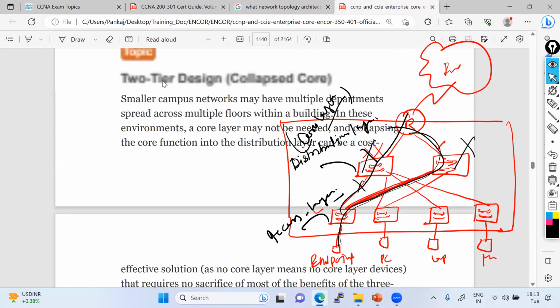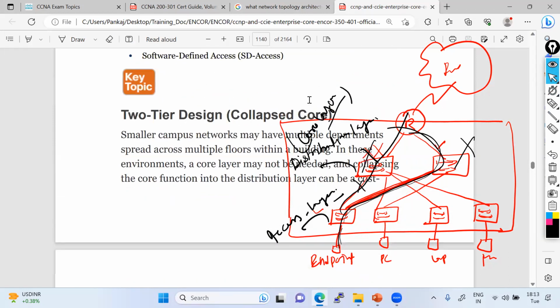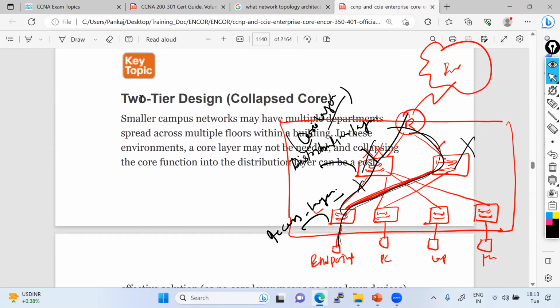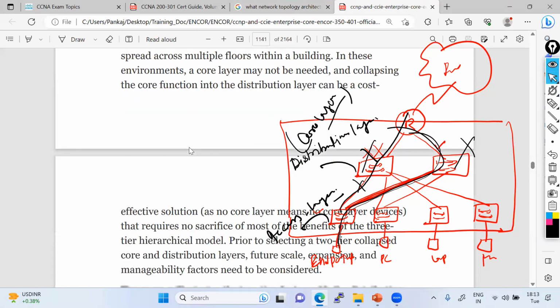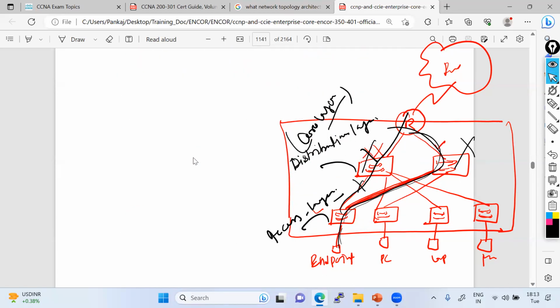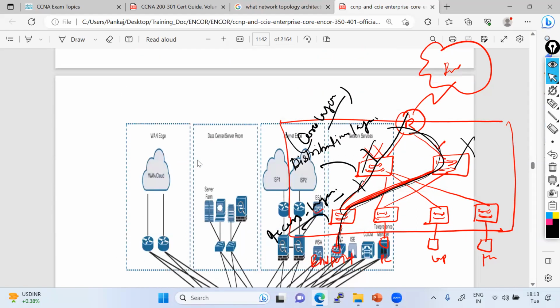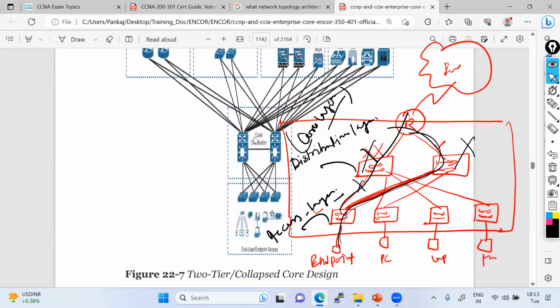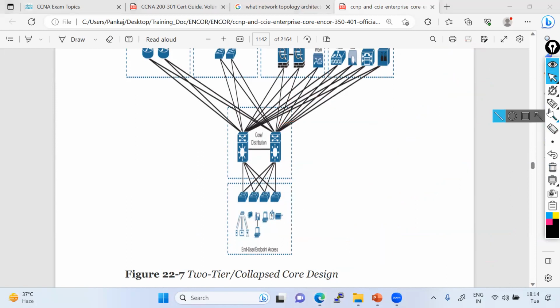See, the two-tier architecture we also know as the collapsed core. We will understand what a core, a distribution, and an access layer are, but first just understand when we have just two layers, we have a core and distribution, which is connected with the access switch, not access point, and that access switch is connected with the end users. You can see here, this is known as your two-tier architecture. Your core and distribution become the same layer, and this is the access layer.